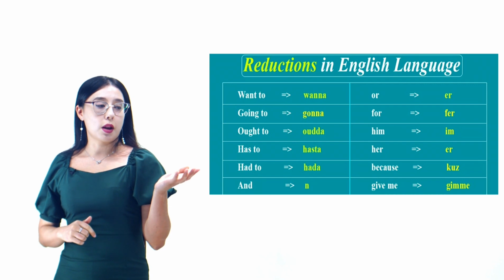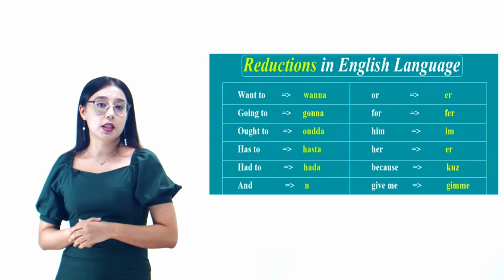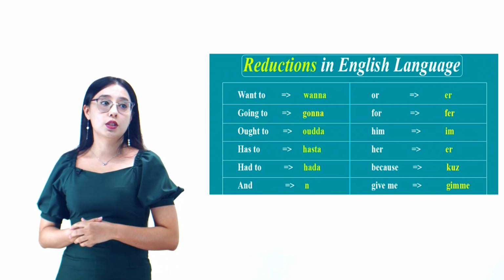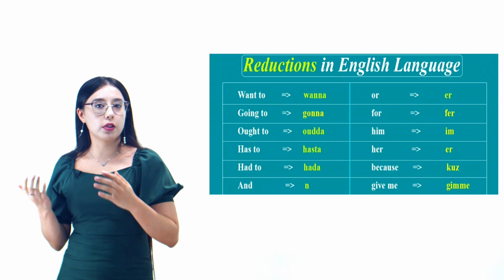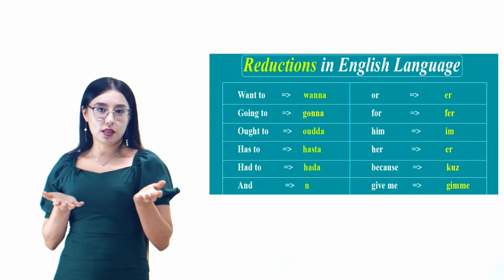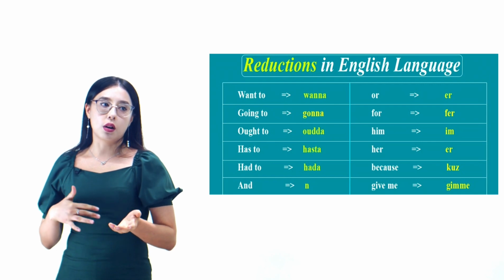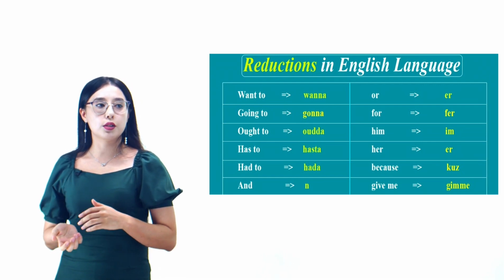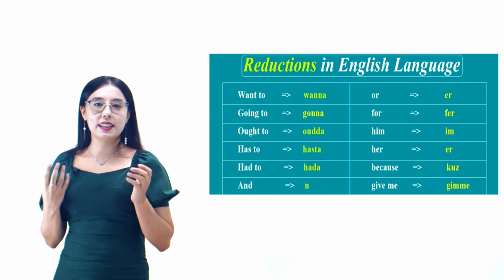Let's see other examples. Because, 'cause, give me, want to, wanna. Give me and want to can be examples of elision between two words. Going to, gonna; ought to, oughta; has to, hasta; had to, hadda; and 'n'.